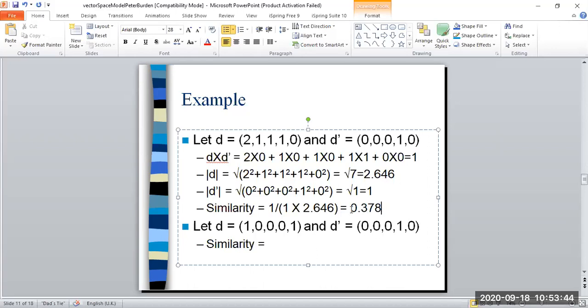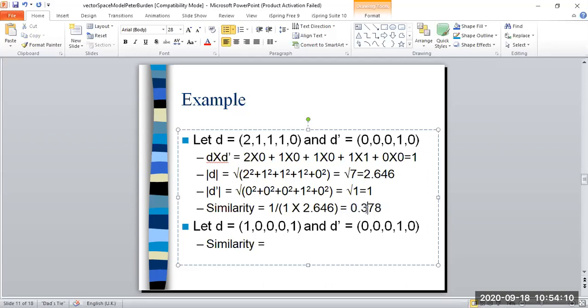So this 0.378 is the angle between the document D and D complement. If the angle between D and D complement is 0, then they are totally similar. If it is 1, they are totally dissimilar. Now the angle between D and D complement is between 0 and 1, about 0.3.